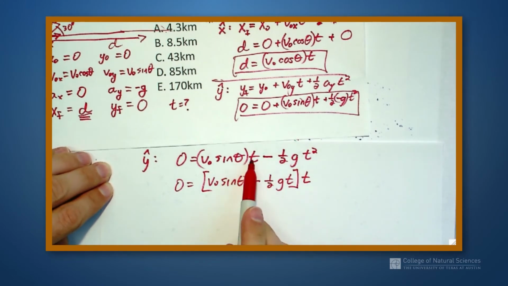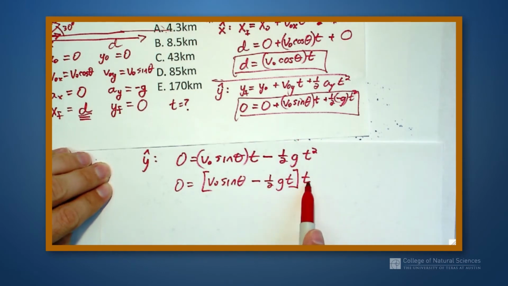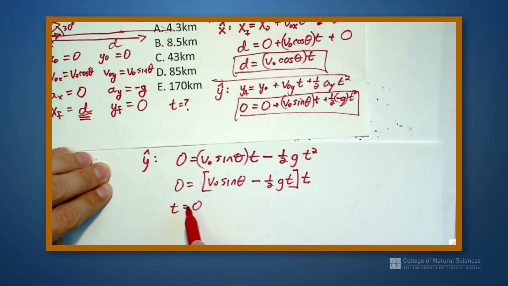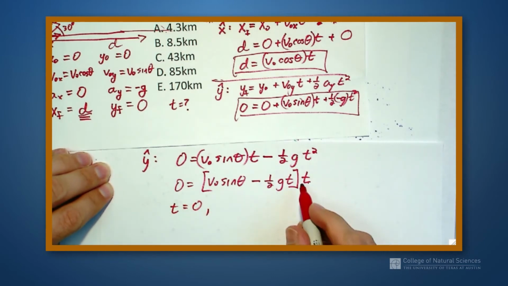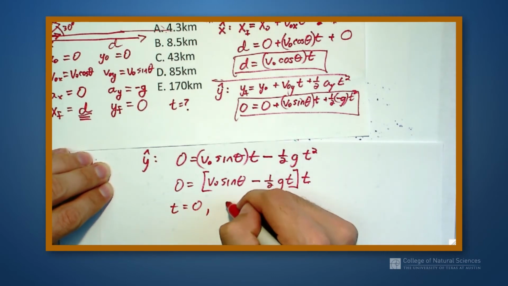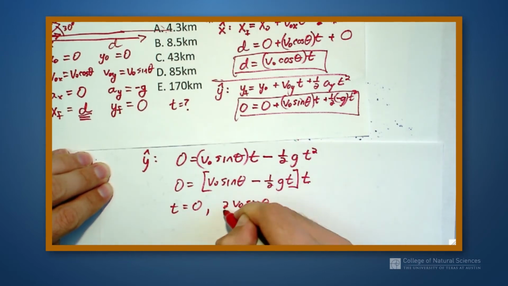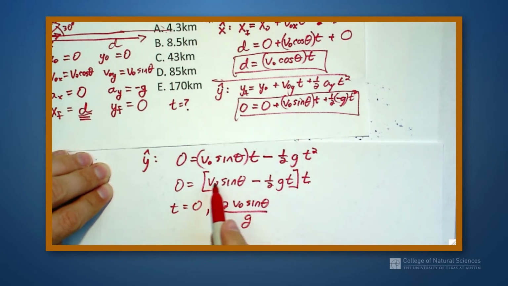I just pulled out a factor of t from there and a factor of t from there. So this says that my t can be 0 or my t can be equal to 2 v naught sine of theta over g. So either this term has to be 0 or this term has to be 0.